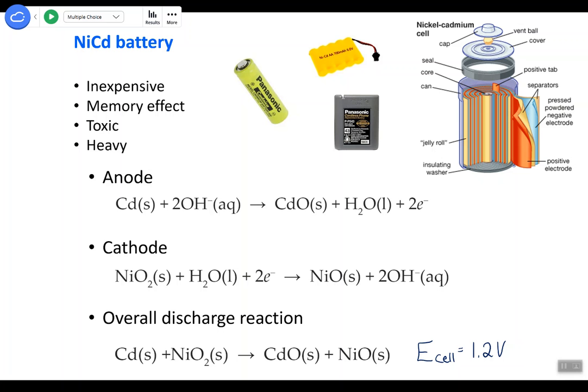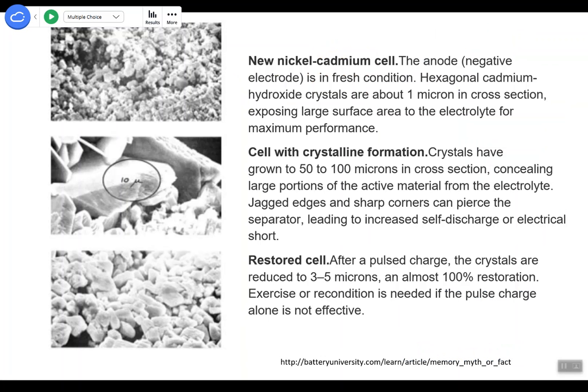If you didn't fully discharge it and fully recharge it, the battery lasted less and less time as the months and years went on. It had this kind of funny memory effect. Well, batteries don't have memories, right? They're not people with brains. How does this memory effect make sense?